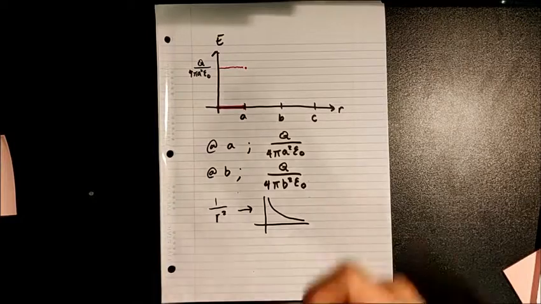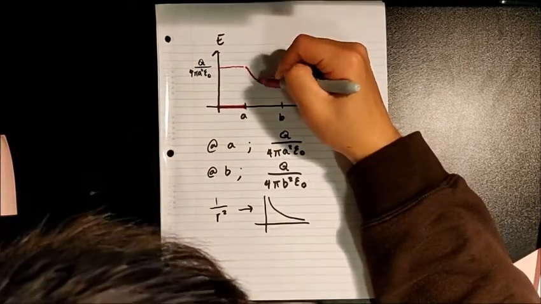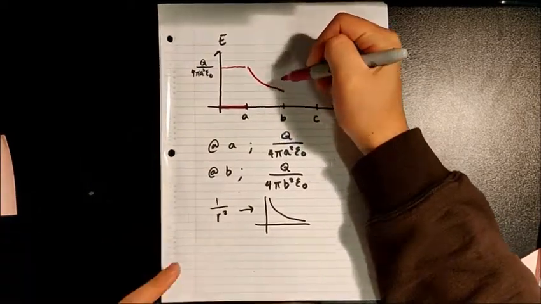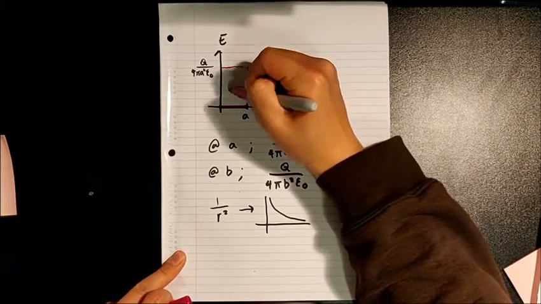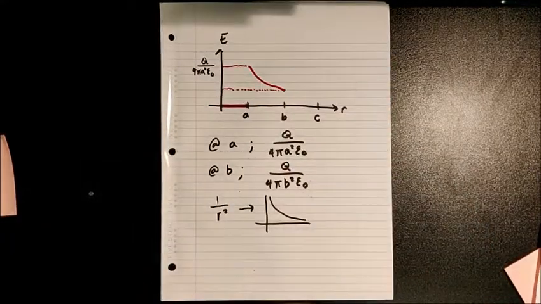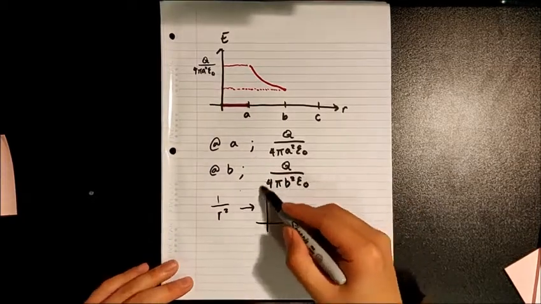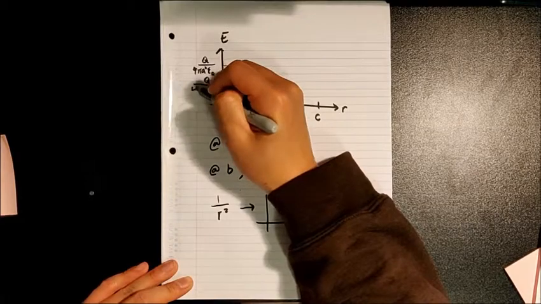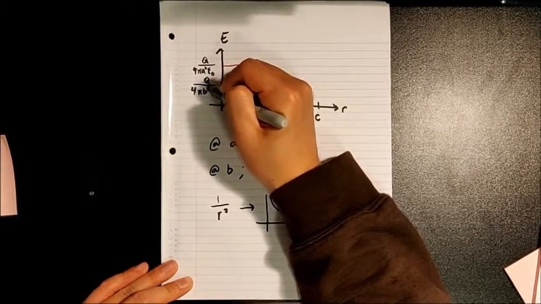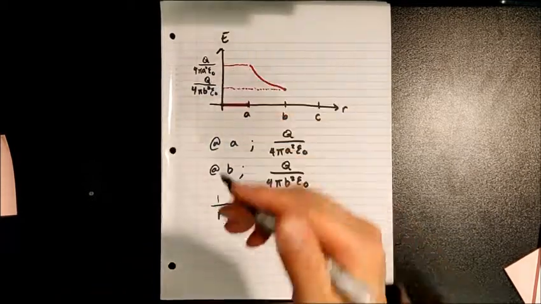And it goes down to B, which at that point we know it will be Q over 4 pi B squared epsilon naught.